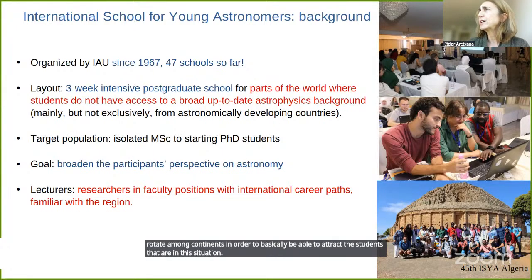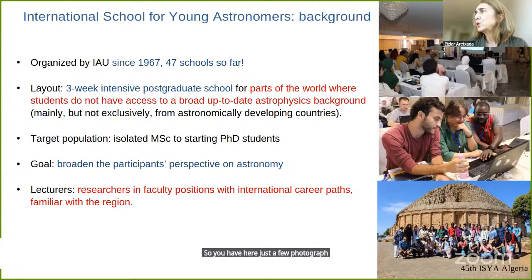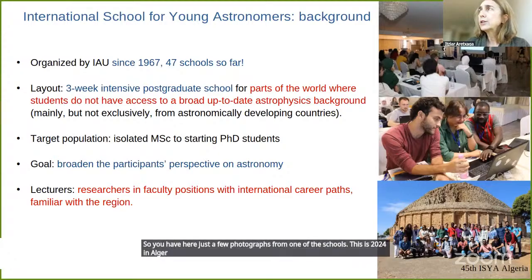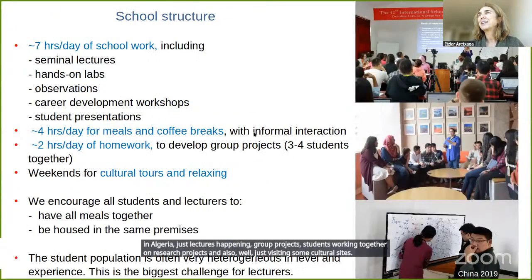Here you have a few photographs from one of the schools, 2024 in Algeria: lectures happening, group projects, students working together on research projects, and also visiting some cultural sites.